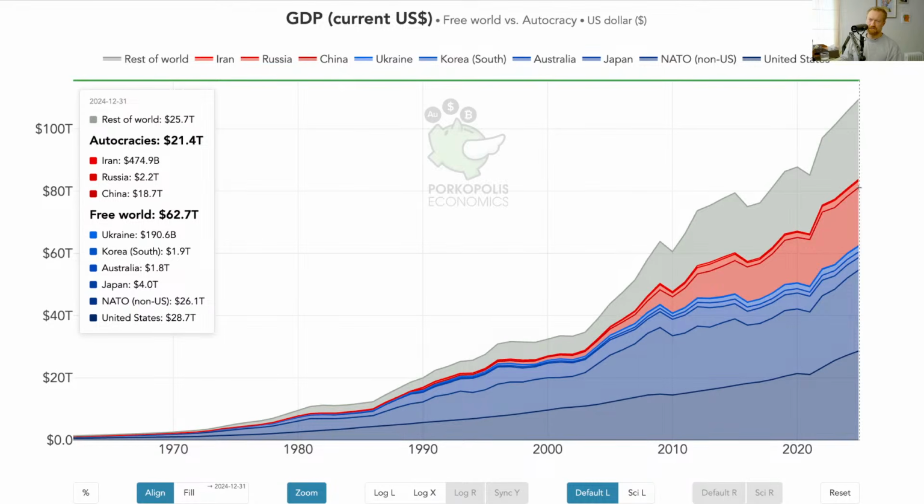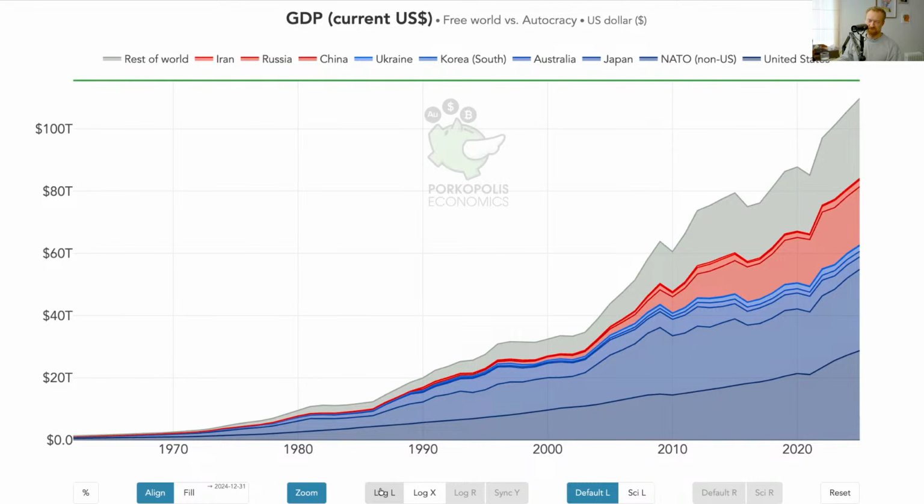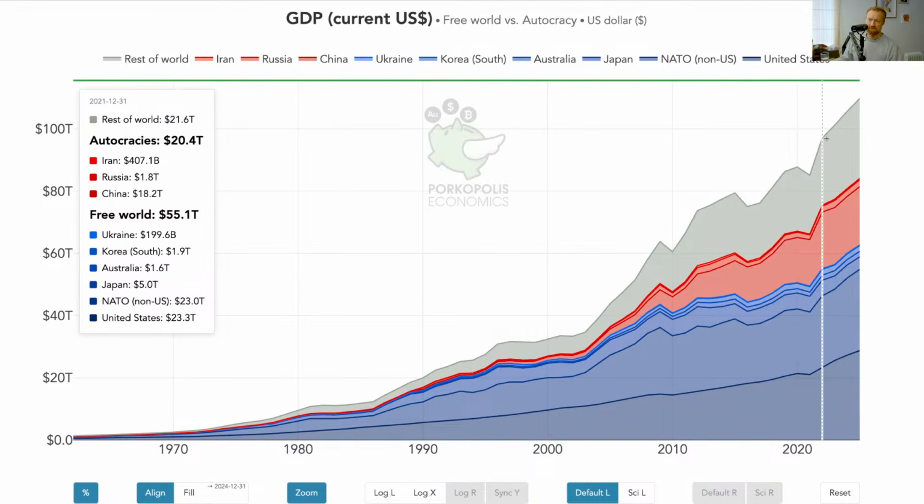Again, China is a juggernaut, right? Communist juggernaut, but here you actually see the global south, which is the gray, basically, growing faster.